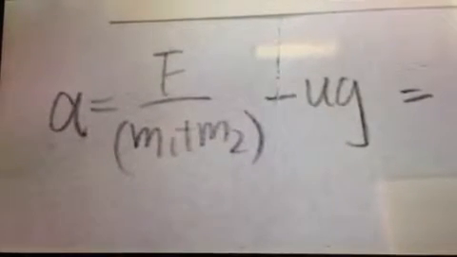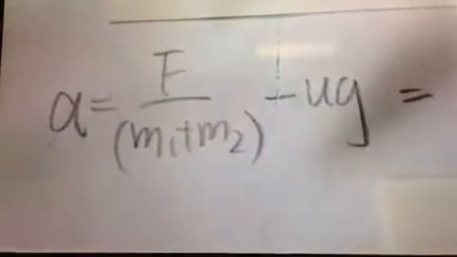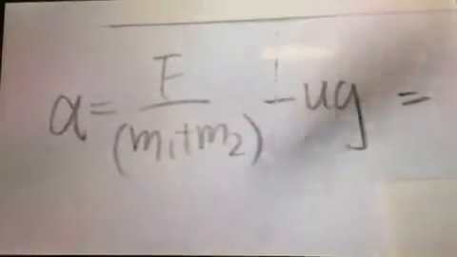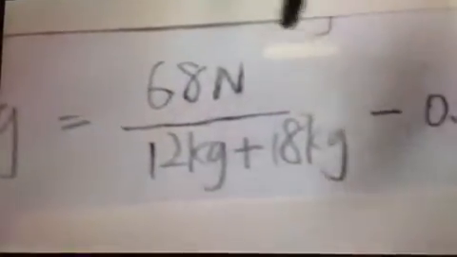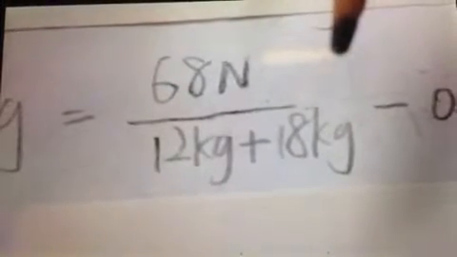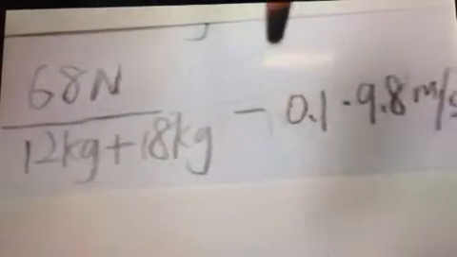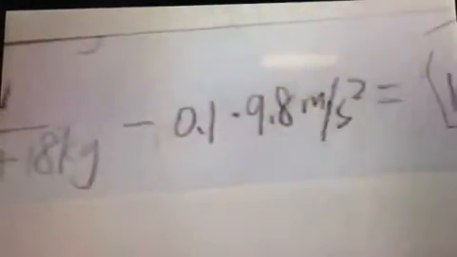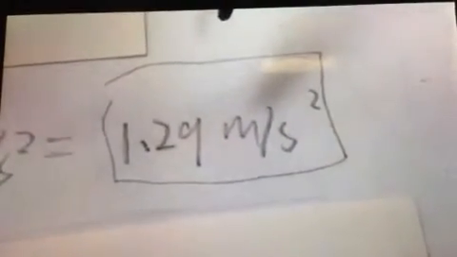Then we get the acceleration is equal to the force over the total mass minus mu g. So we can plug in the numbers: 68 Newtons over 12 kg plus 18 kg, minus 0.1 times 9.8. So then we get the acceleration is 1.2 meters per second squared.